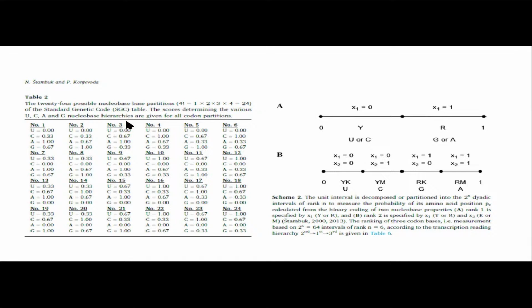of the transfer RNA. So the best correlation to a number of physicochemical parameters at the second base was UCGA, and you can describe it on the unit interval using both characteristics.